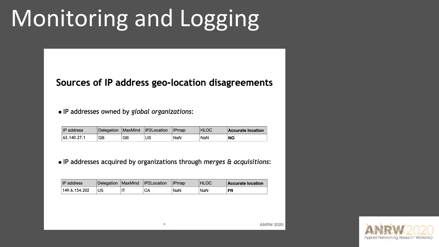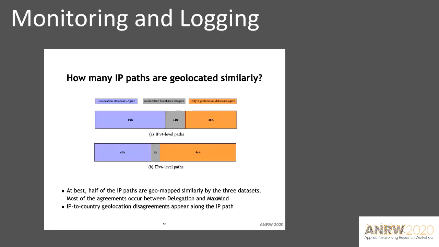We use this approach to determine the location of the IPs for which we found geolocation disagreements, and we investigate the root cause of these disagreements. Our analysis finds that these IPs can be classified in 2 categories: IPs that are owned by global organizations and IPs that are acquired through merge and acquisition. We show on the slide one IP for each such category.